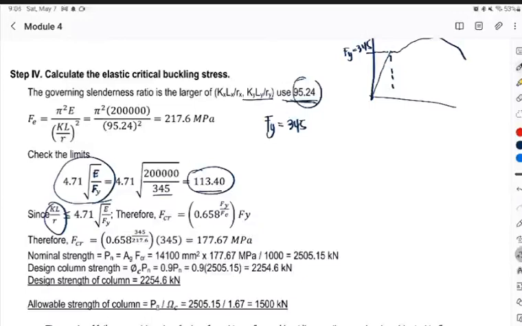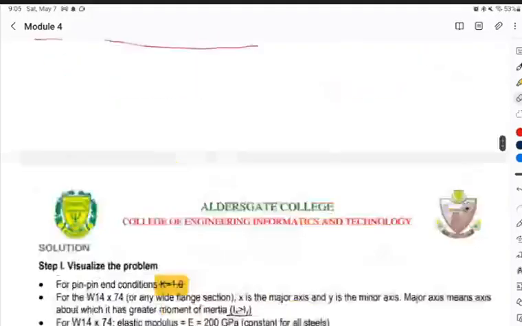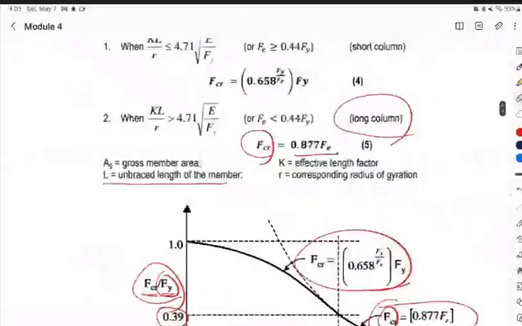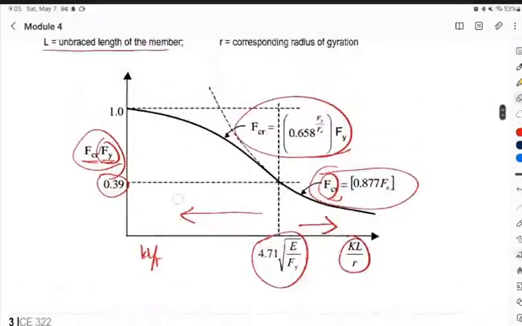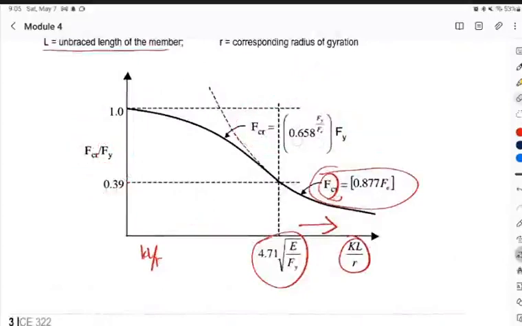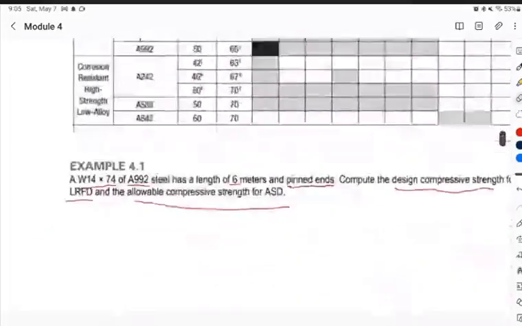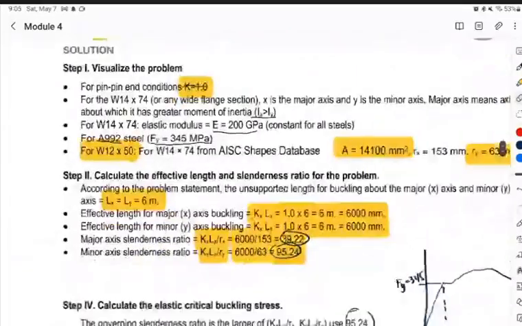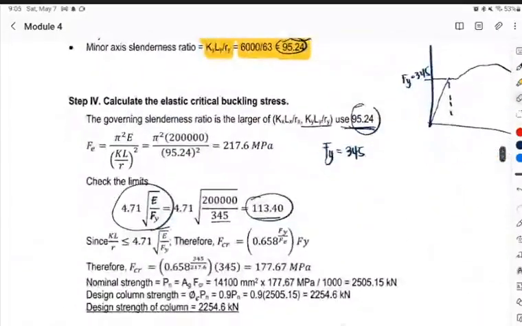So that we can say that KL over r is less than 4.71 square root of E over Fy. Diba sabi natin, if it is less than, the computation for the critical buckling stress is 0.658 raised to Fy over Fe, times Fy. So, yun yung factor natin na minumultiply natin ng Fy to get it.